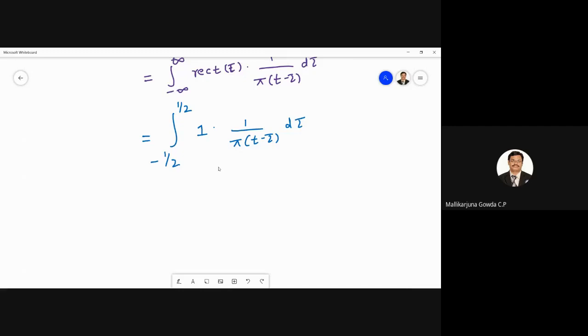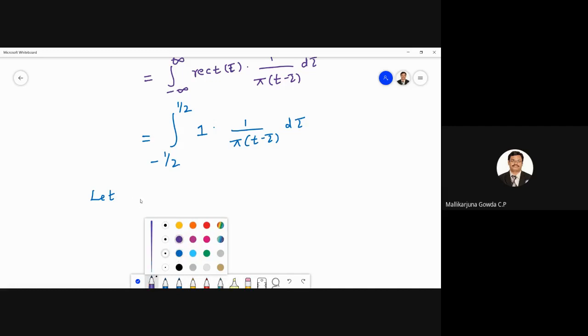What we usually do is, let t minus tau be equal to x.